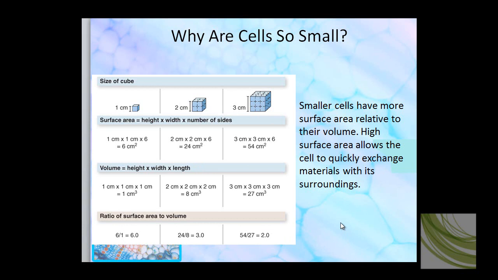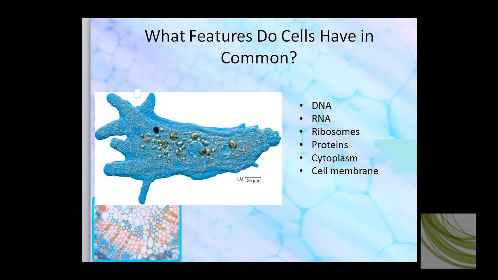When they get so large, it gets very difficult for them to bring in all the supplies they need to stay alive and to get rid of all the waste products and manufactured products they need to do their job. So then they'll divide, undergo what is called mitosis, and become 2 cells. There's some things that are in common in all cells: DNA, RNA, ribosomes, proteins.